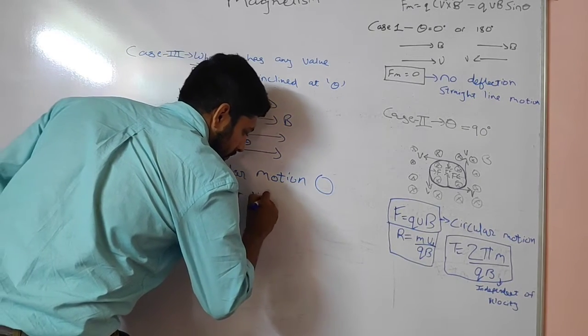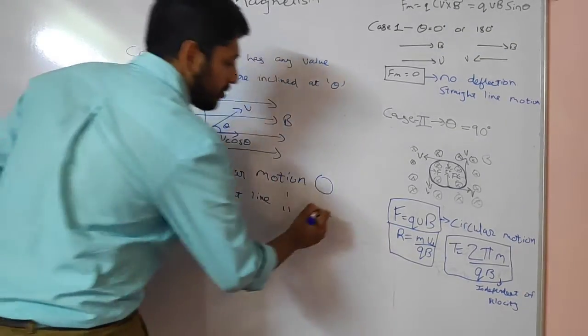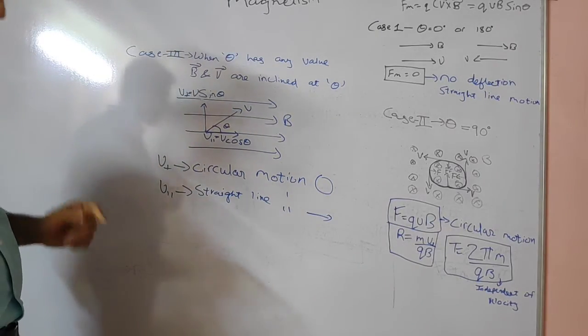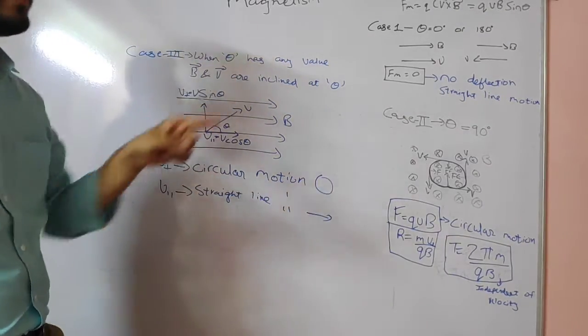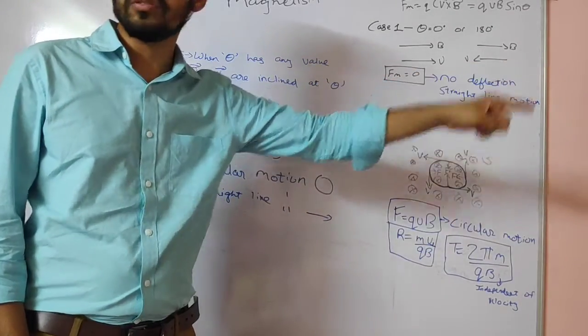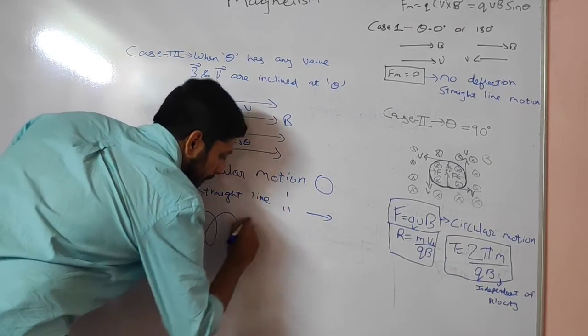So in actual it is a combination of both these things. One is making a circle, one is pushing it forward. So ultimately what we are getting is a spiral.